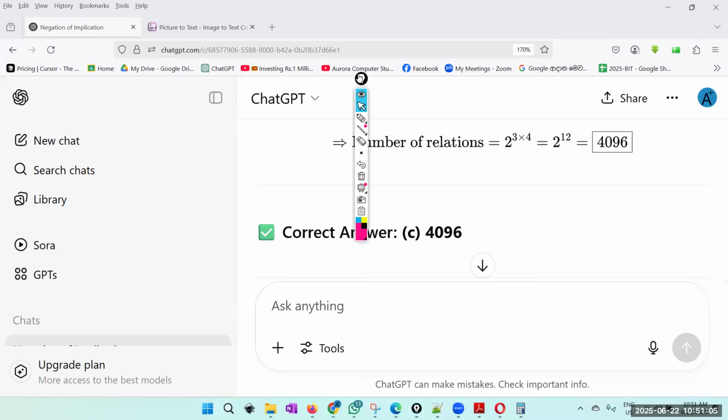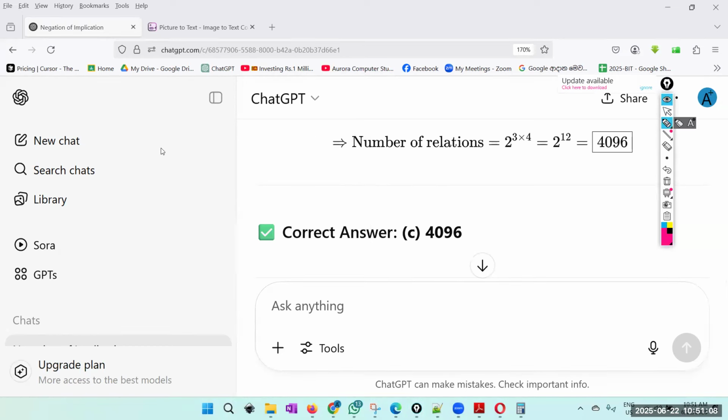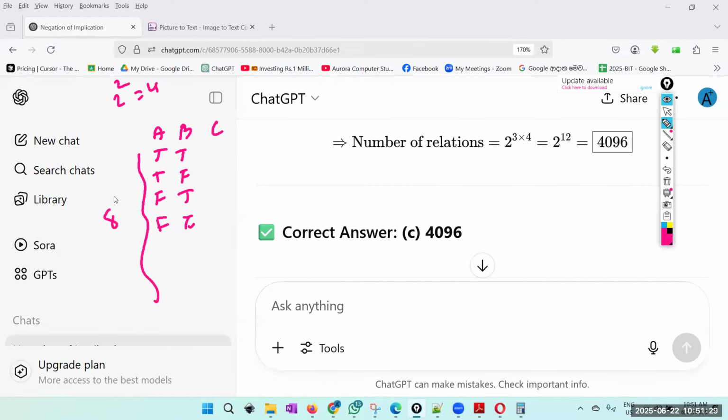When I have two variables, A and B, how many ways can I arrange them? True, false; true, true; true, false; false, true; false, false. That is 2 to the power 2, 4 elements. If it is C, we get 2 to the power 3, 8 elements. So that is where the 2 to the power comes from.